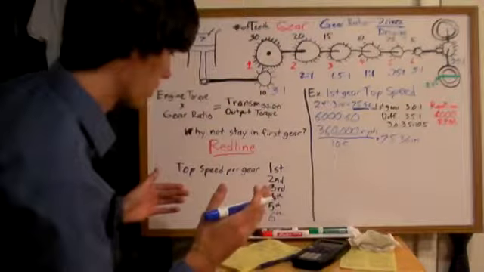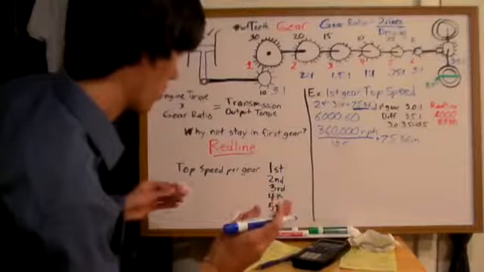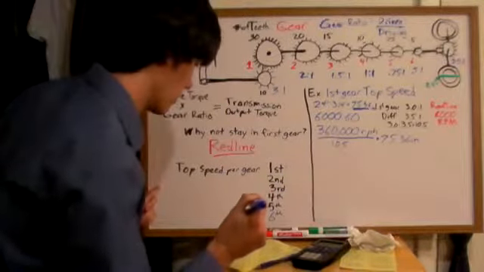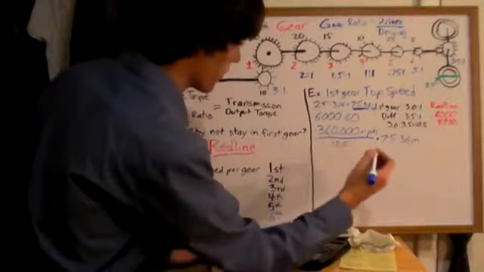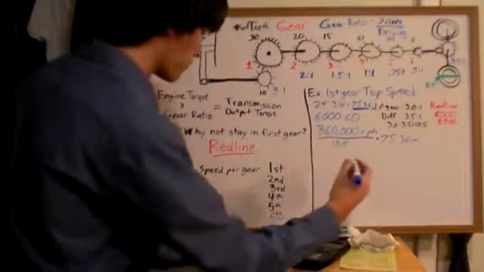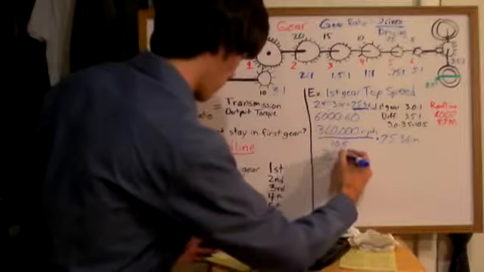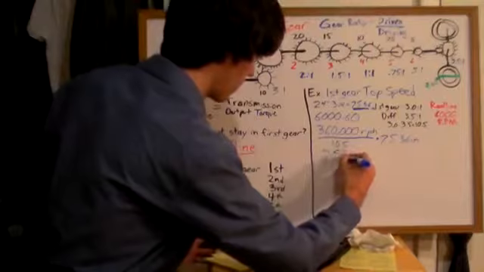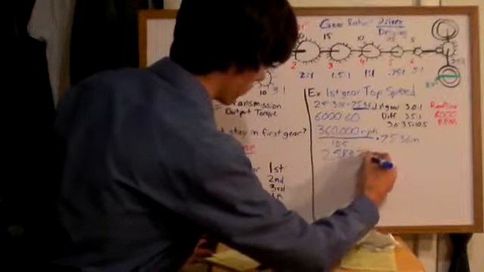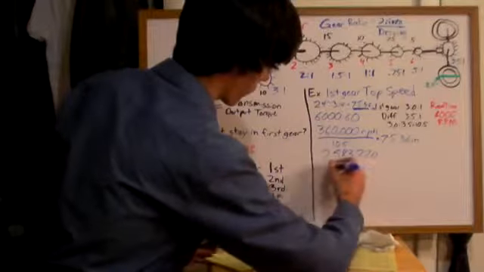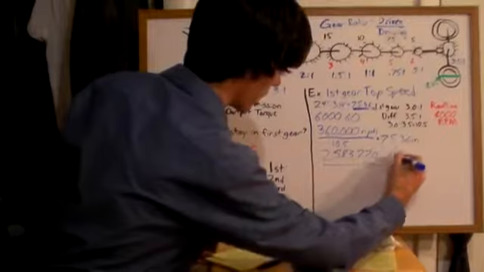You're going to have distance per hour, it's going to be inches per hour, right? So once you divide all this out, you're going to have this in inches per hour. That comes out to 2,583,770. That's going to be inches in an hour.